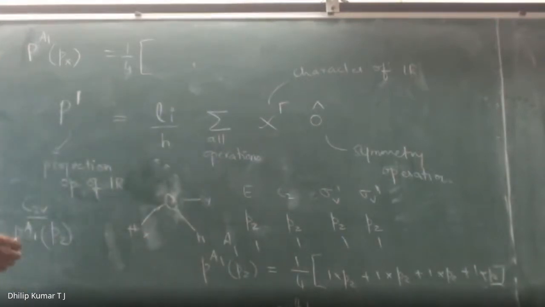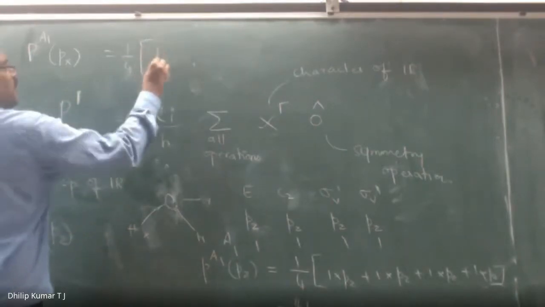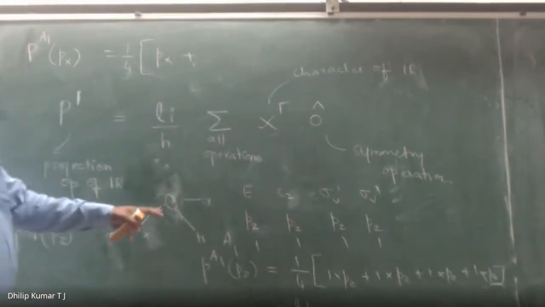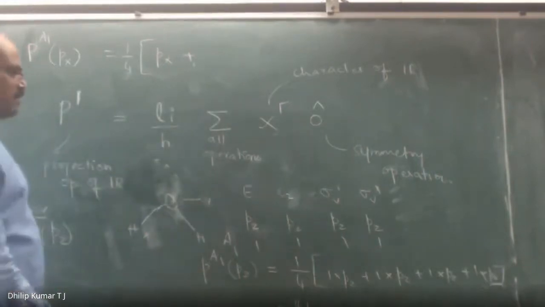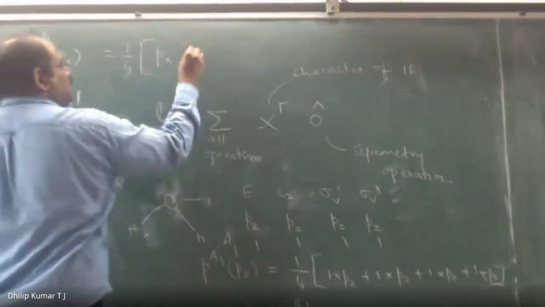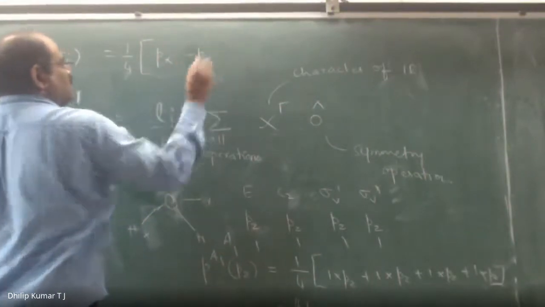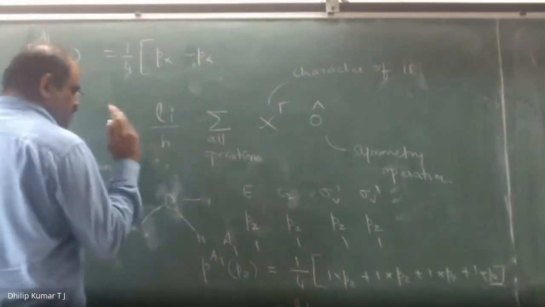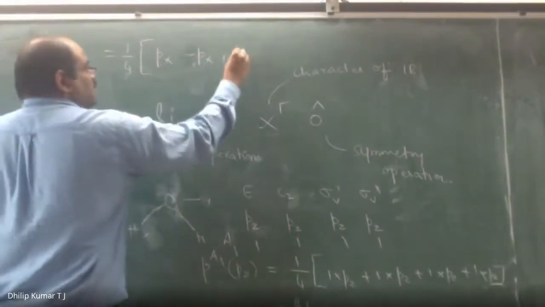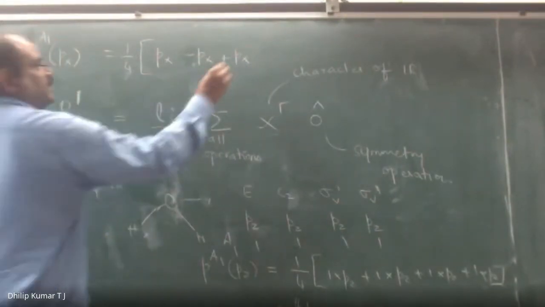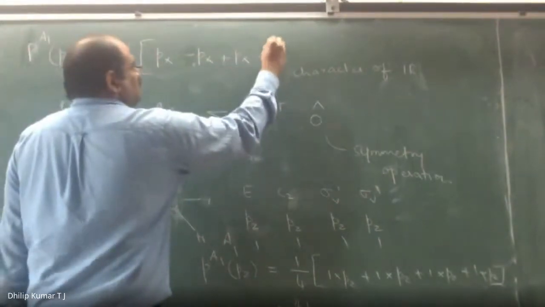So if you use px with A1, under E it is going to remain as px only, and then under C2, if you rotate, it becomes minus px. Then sigma v is cutting this, and sigma v double prime also gives minus px.